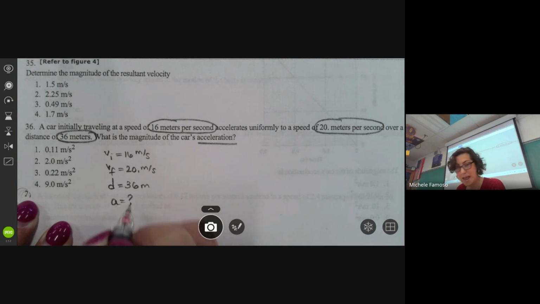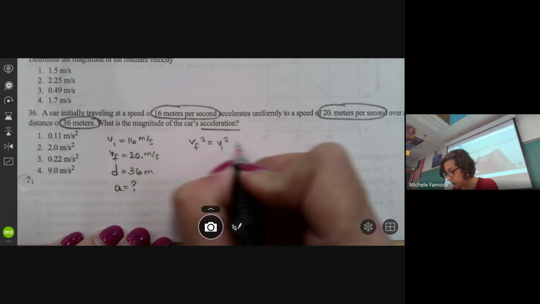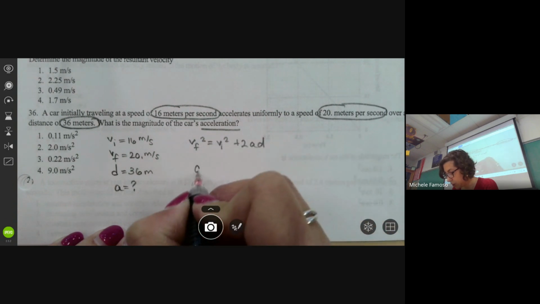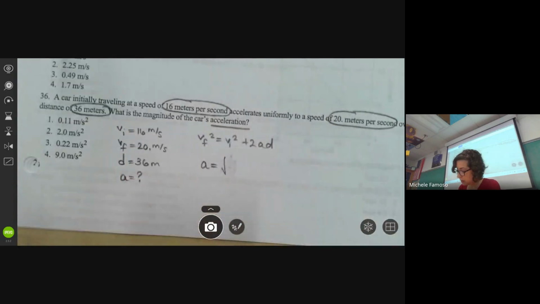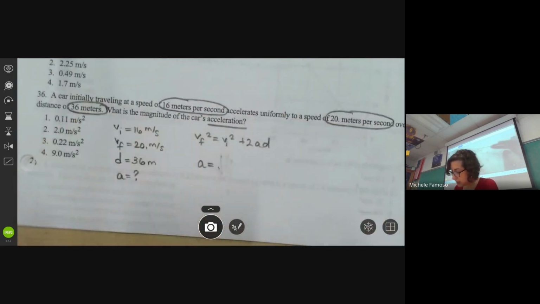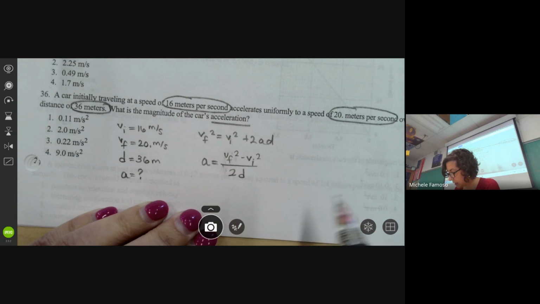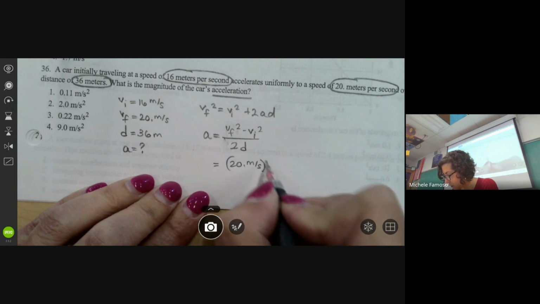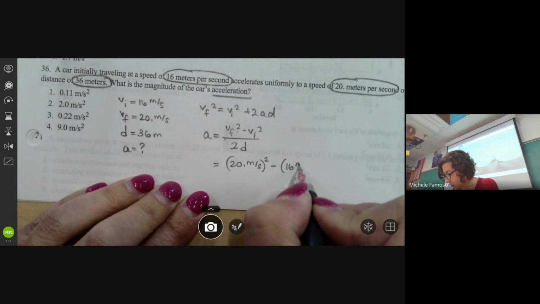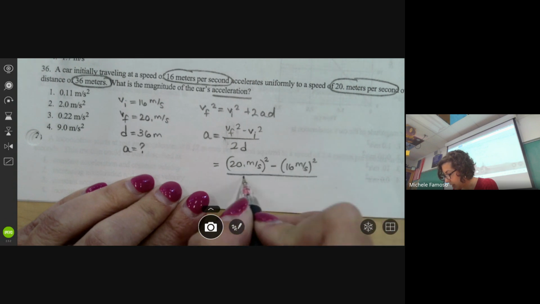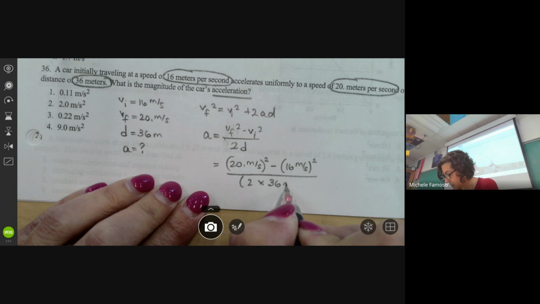I am looking for A. The equation on your reference table, which has those four letters, is VF squared is VI squared plus 2AD, which means the manipulated equation for A is VF squared minus VI squared over 2D. So that means I'm going to take 20 meters per second, square that amount, subtract the square of 16 meters per second, and then divide by 2 times 36 meters.